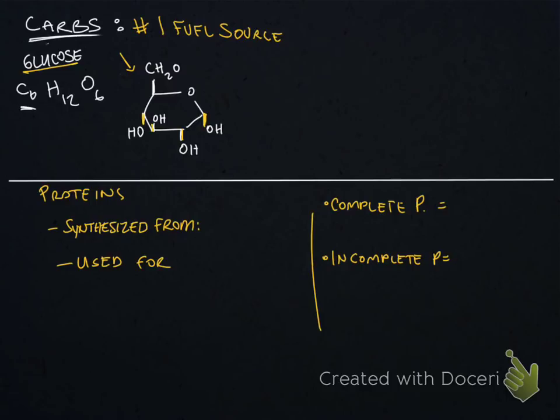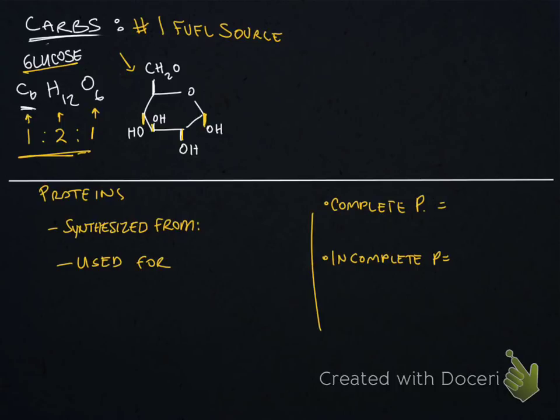You do need to know its chemical formula, which is C6H12O6. For all carbohydrates, it is a 1 to 2 to 1 ratio. And we see here that glucose matches. So for every one carbon, we have 2 hydrogens and then 1 oxygen. And all carbohydrates will follow this ratio.